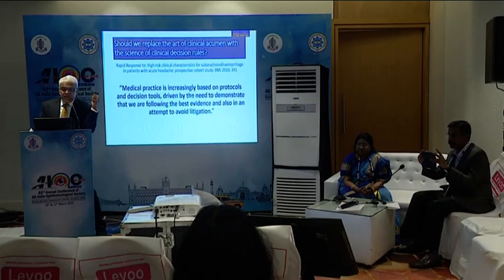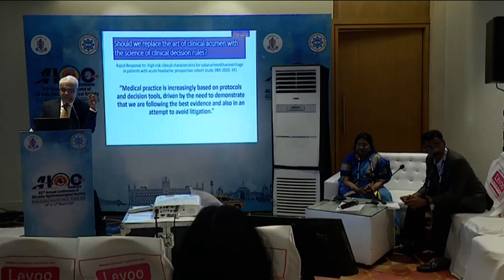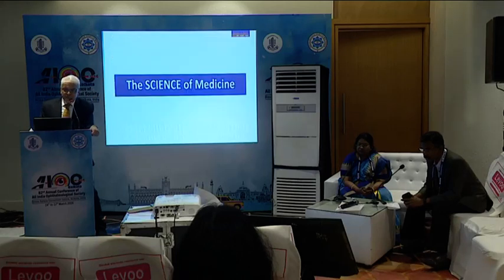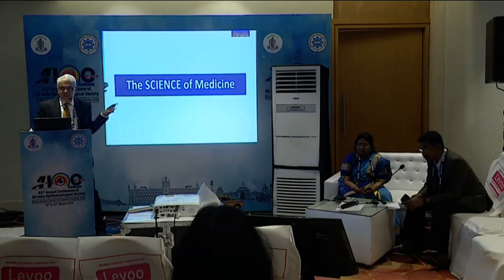The thing he said was medical practice is increasingly based on protocols and decision tools, I agree, driven by the need to demonstrate that you're following the best evidence and also in an attempt to avoid litigation. My point is this, that we should also remember that not all patients fit neatly into protocol boxes and that the best clinicians often make decisions based on their instincts, which are developed through experience. And that's why it's not called the science of medicine. It's called the art of medicine. Thank you.